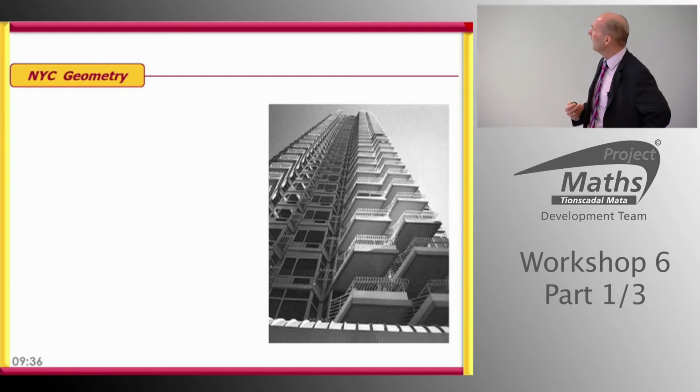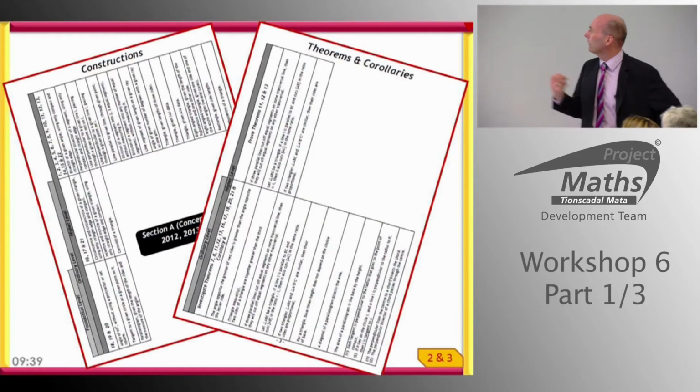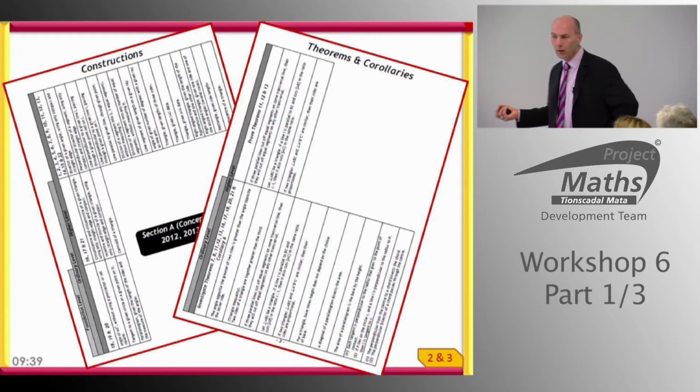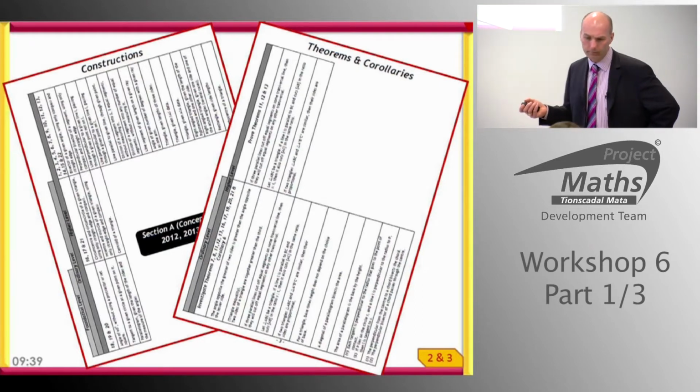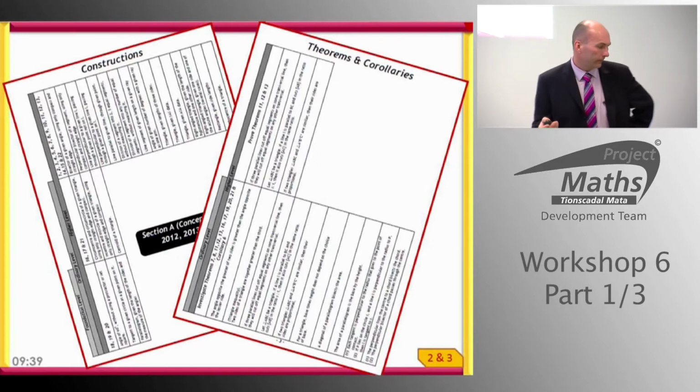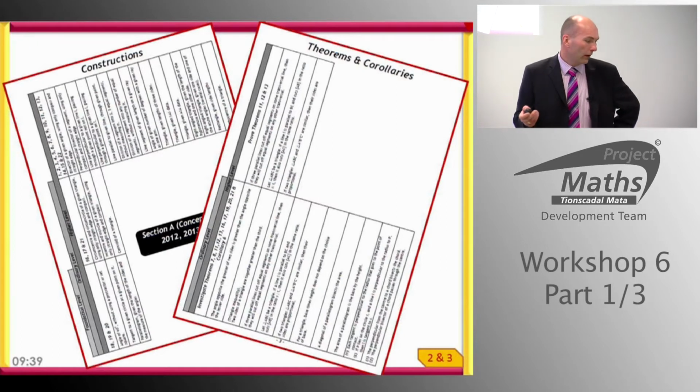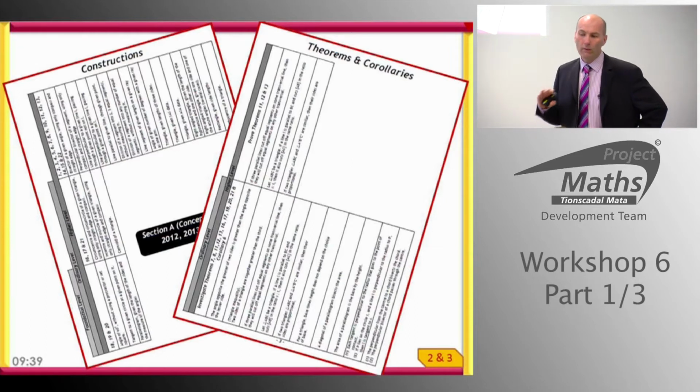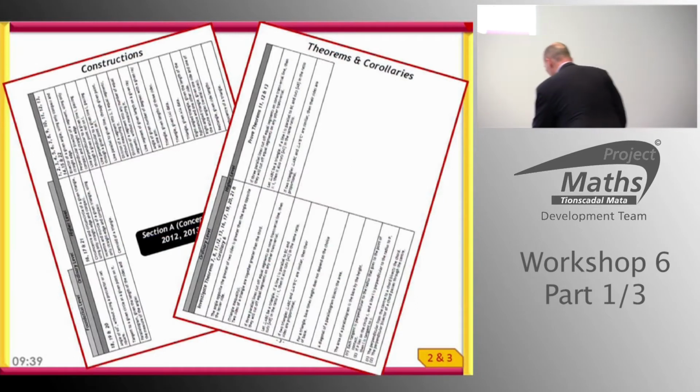Okay? Now, what we've done for you with the constructions and the theorems, okay? We've got them onto 2 pages, pages 2 and 3. All right, so you see on page 2 and 3, we've listed it out so you have all your constructions, okay?